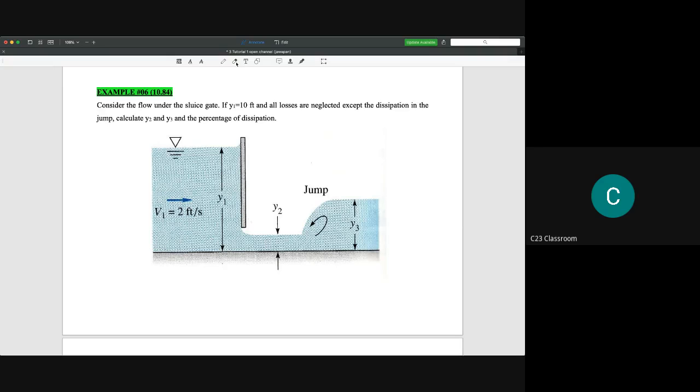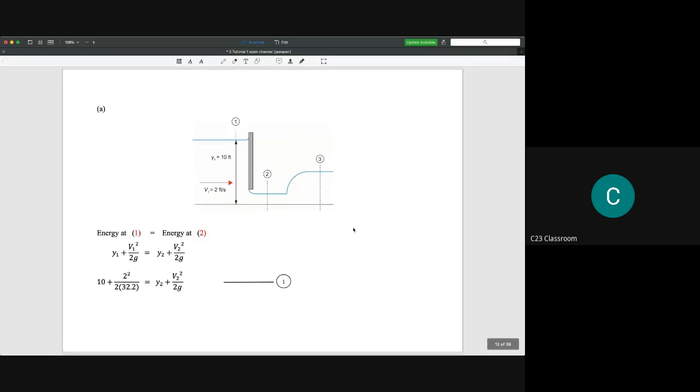Okay, now the question asks to calculate the value of y2 and also the value of y3. So we need to know what is the height at this point and what is the height at this position. Let's say we simplify that diagram. We have point number 1, point number 2, and point number 3 here.